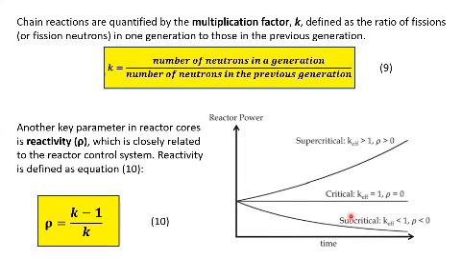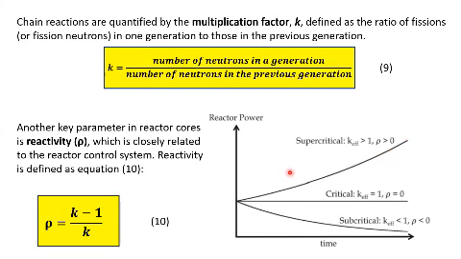In the reactor, the chain reaction is controlled by adjusting the multiplication factor, K, or reactivity. To increase power, K is set above 1, or rho is set above 0.